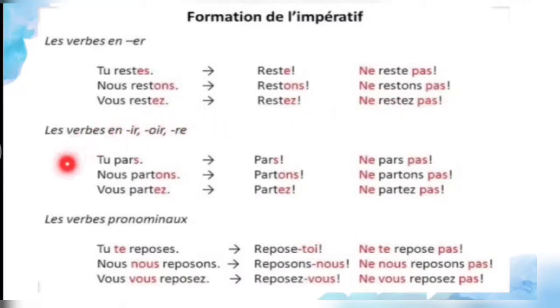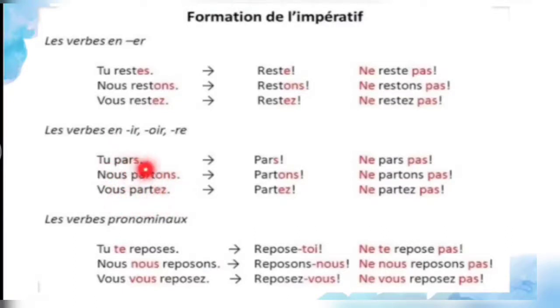And next, the verbs ending in ir, oir and re. So here, the verb partir. What does partir mean? To leave. So this is the conjugation for partir: tu pars, nous partons, vous partez.